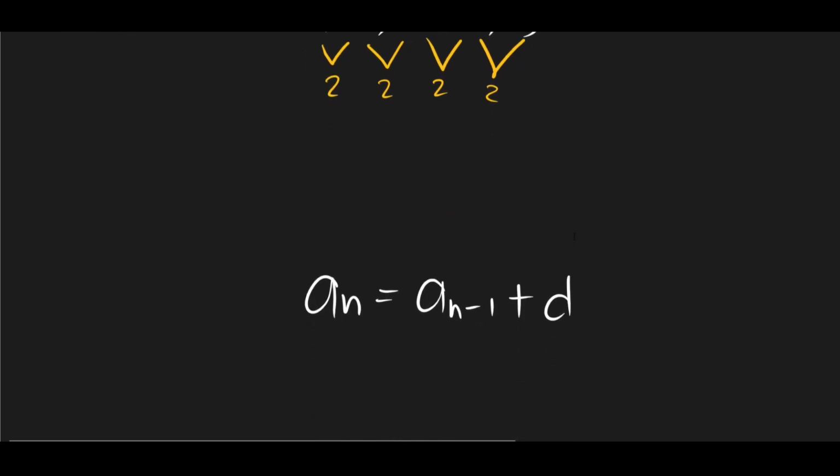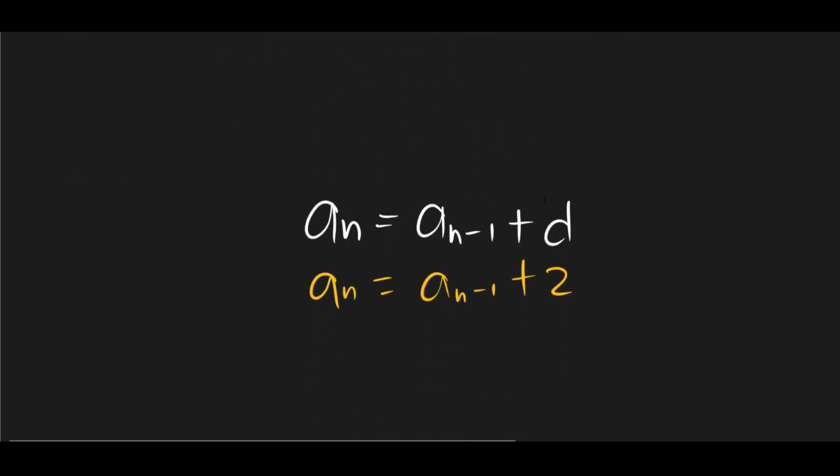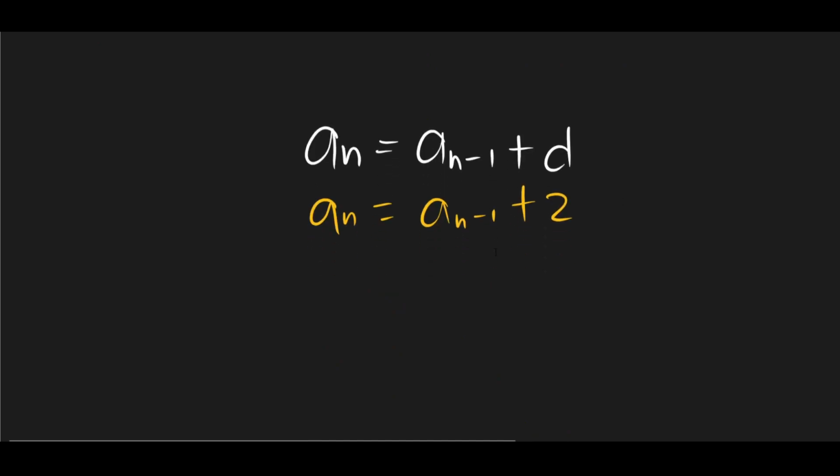If we write the specific general term for our example, we will have a_n is equal to a_(n-1) plus 2, right? Because our constant difference d is 2. So let's try to generate from a1.